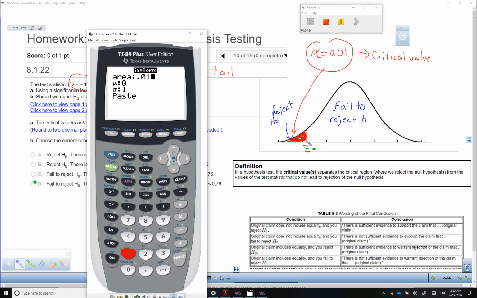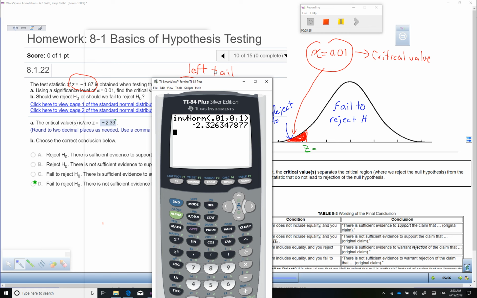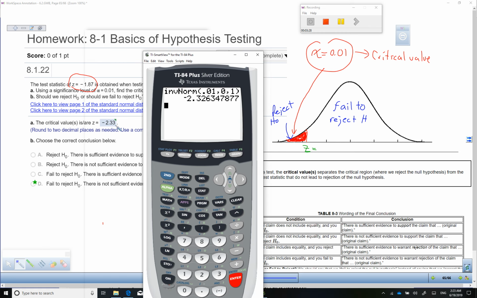Since the area is on the left of this score, we don't need to subtract from 1, so we just type it like that. In the calculator, you need to type area on the left side of that z-score. We keep the mean and the standard deviation as 0 and 1. We paste that in the main screen, and that is the z-score you will obtain, negative 2.33. Okay, that one right here.